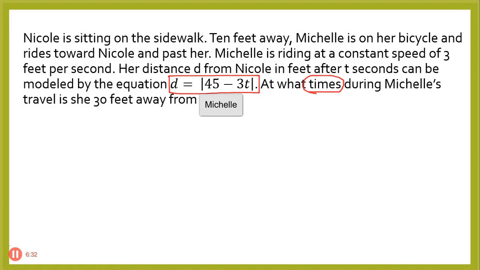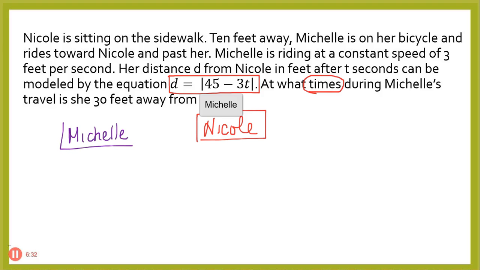So if Nicole is here, there are two different locations that Michelle can be and still be 30 feet away. So Michelle could be on the left and be, sorry, 30 feet away.